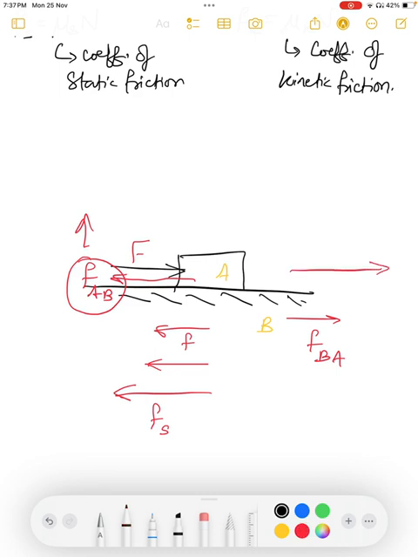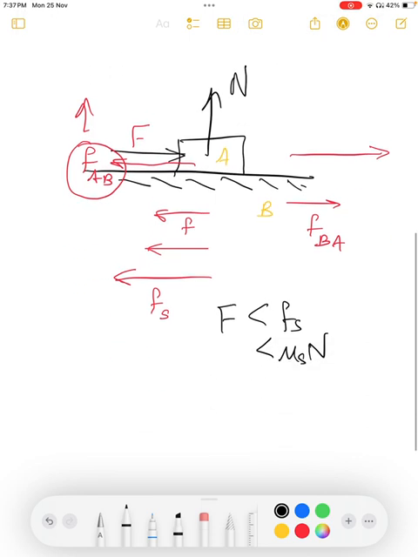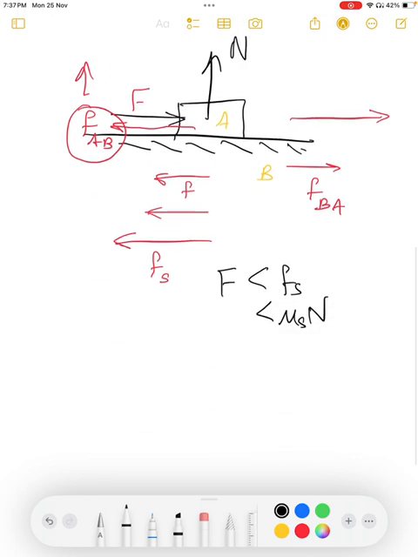So we know that until the capital F is less than Fs, that is mu s n, where the normal reaction acts in the upward direction, the box won't move.